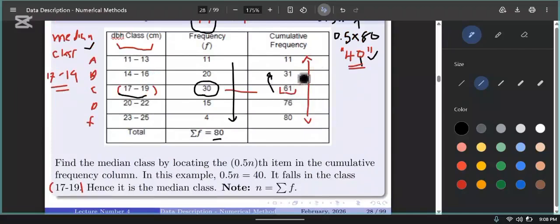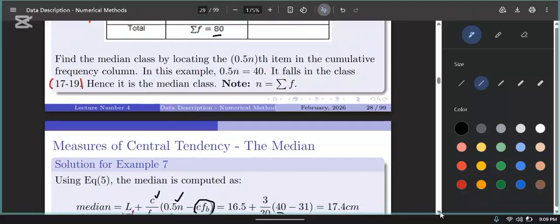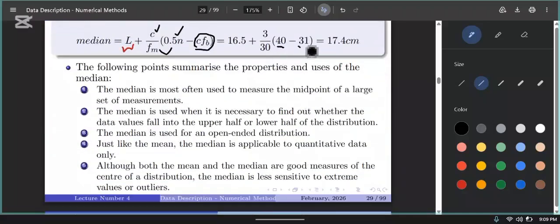So pick the cumulative frequency before the median class, which is 31, and that's what you put here. And then the calculator will just help with the calculations, and that's how we find the 17.4.